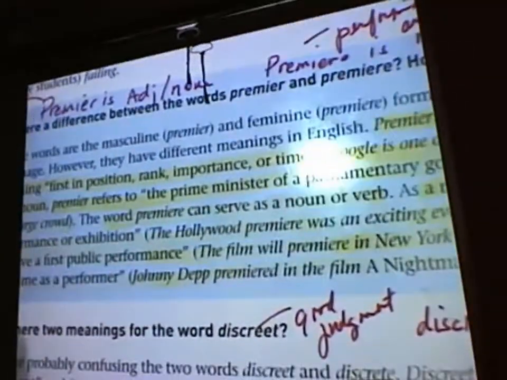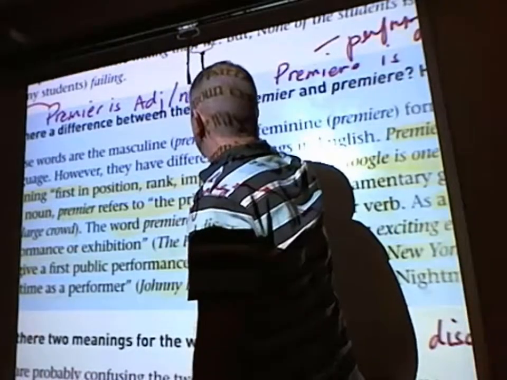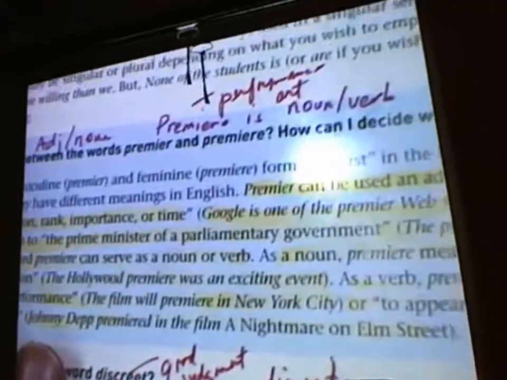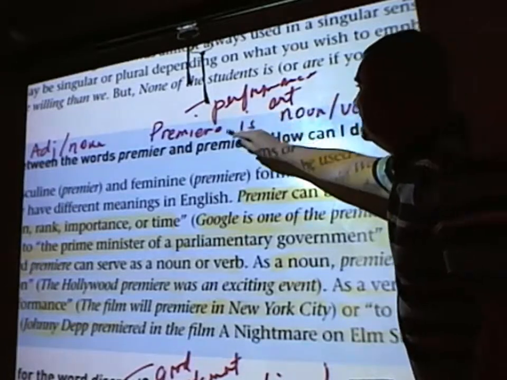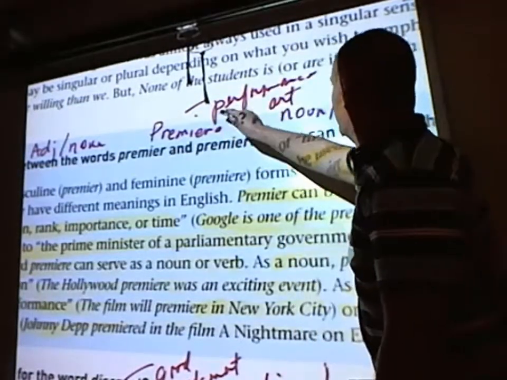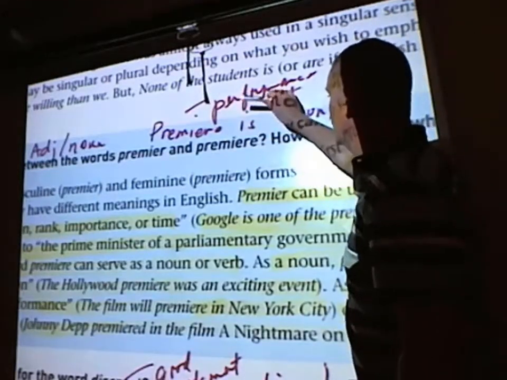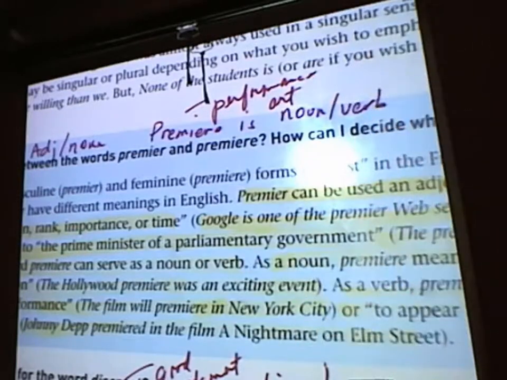Now with an E, it's always a performer or an artist. Whenever it's referring to premiere with an E, you're talking about a performance or an artist. Whereas without the E, you are talking about the rank or a specific person, like a leader, a premier. So let's look at these examples here.